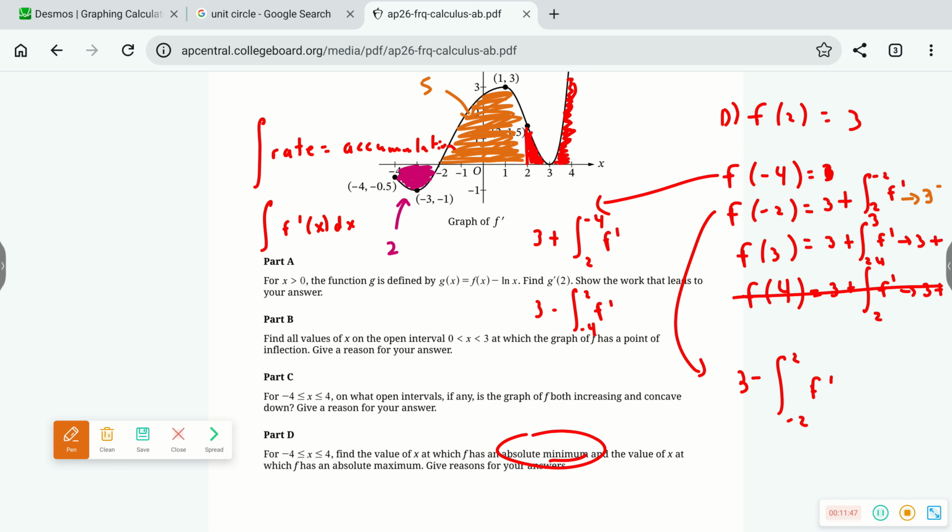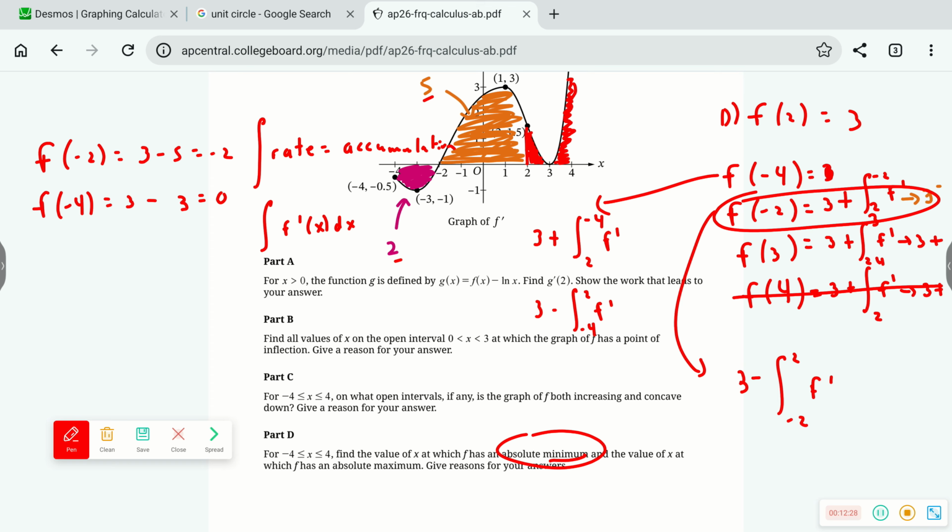I'm just making up numbers so we can see this. Then f of negative 2 would be 3 minus 5, which is negative 2. But f of negative 4 would be 3 minus 3, wouldn't it? Because you would subtract this positive 5 here, but also you would subtract the negative 2, so that would add the 2 back. That would actually be 0. For that reason, the absolute minimum should occur at negative 2.